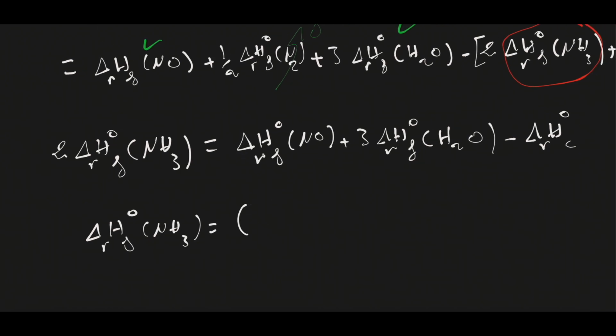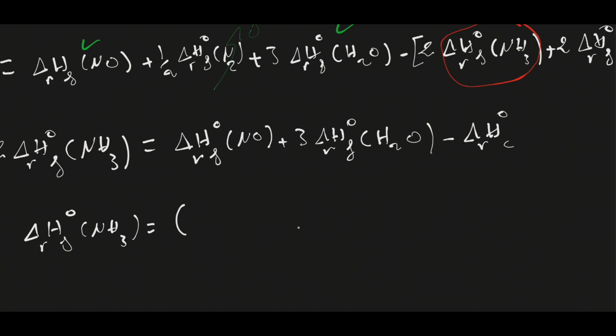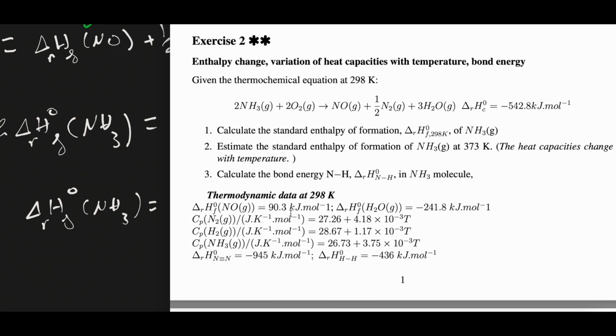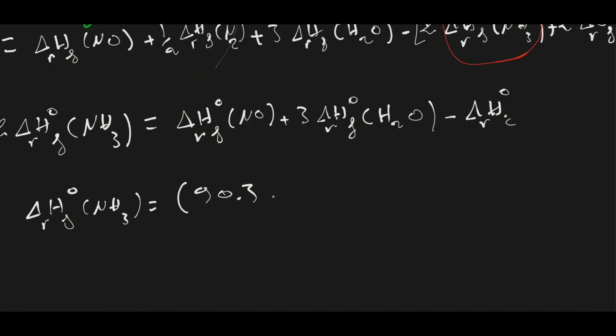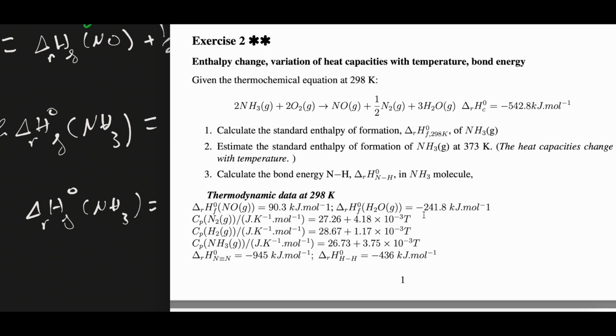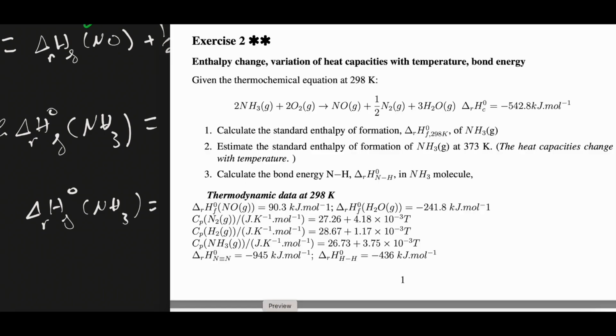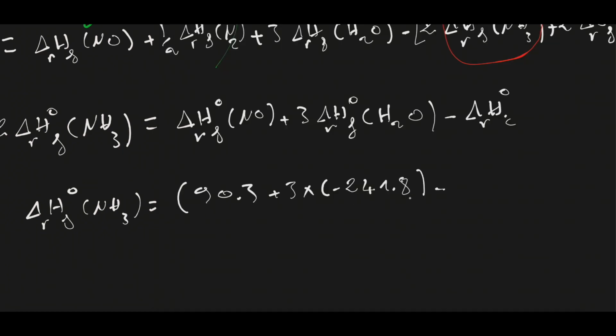Now we'll plug in the value of the enthalpy of each of these substances and of the chemical reaction. For NO we have 90.3 plus 3 times the standard enthalpy of water gas, negative 241.8, minus the standard enthalpy of combustion, negative 542.8.